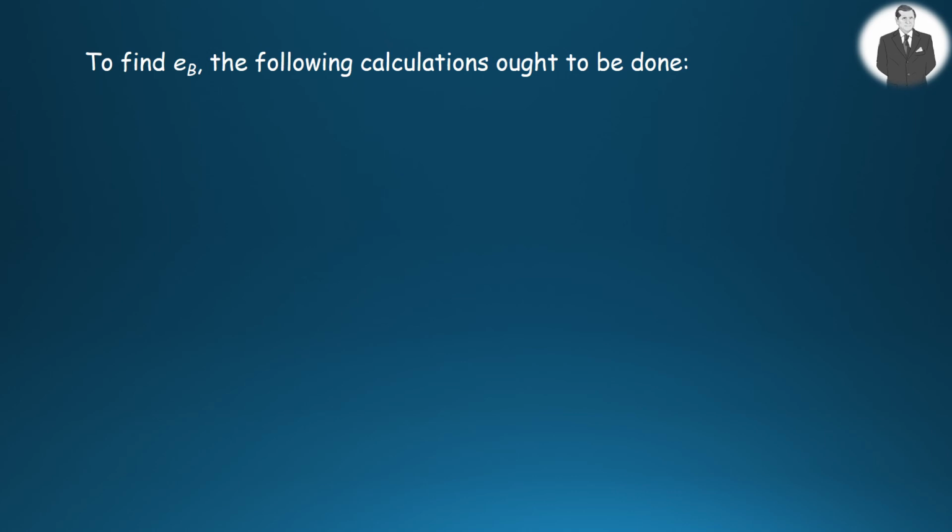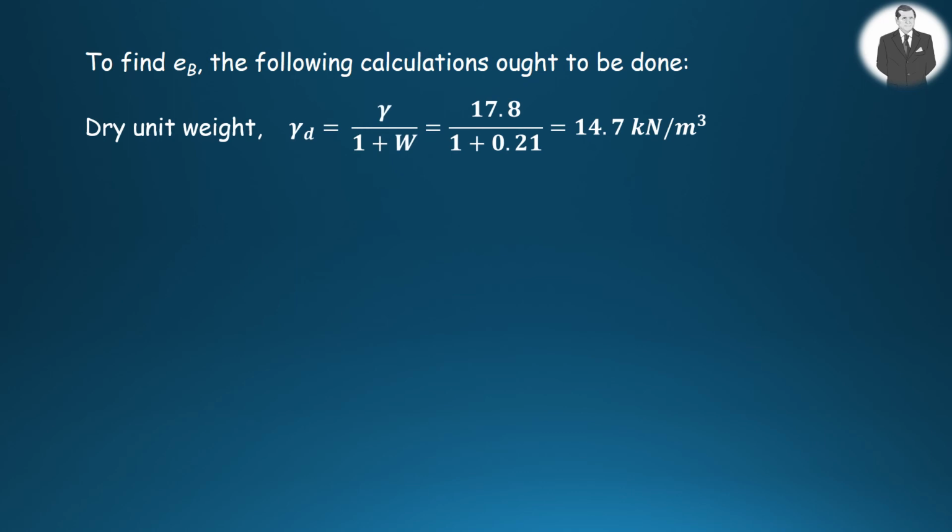To find out E sub B, the following calculations should be carried out. Since we know the unit weight and the water content of soil from borrow pit, we can simply calculate the dry unit weight using this equation given here.